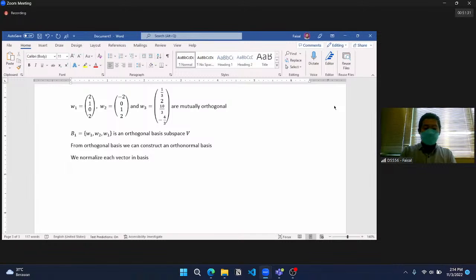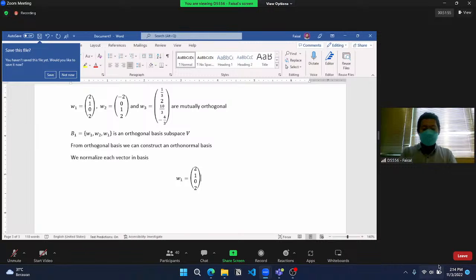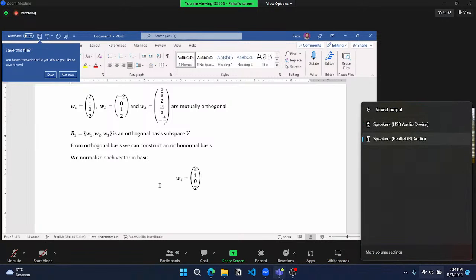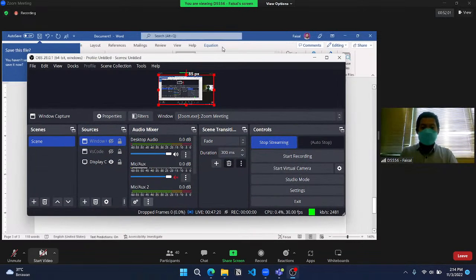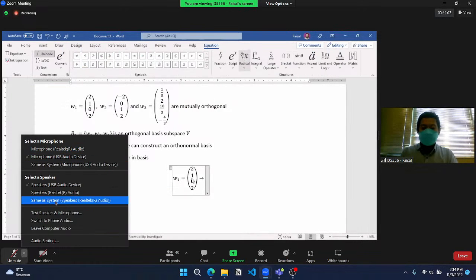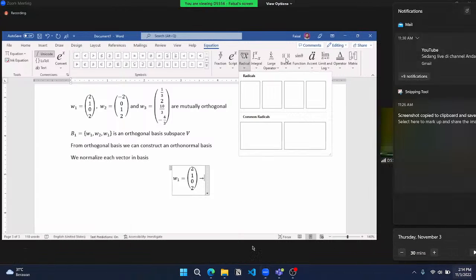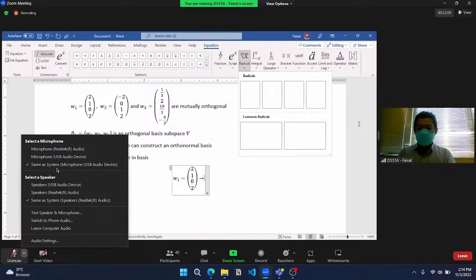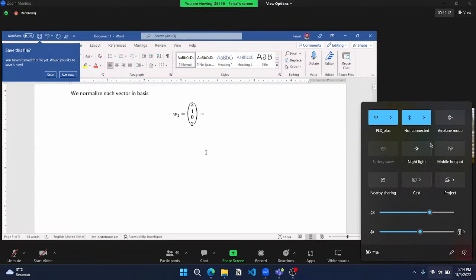So from W1, okay, this is W1, and then we compute the norm of W1. The norm of W1 is, the symbol of the norm is the double bracket. Sorry.